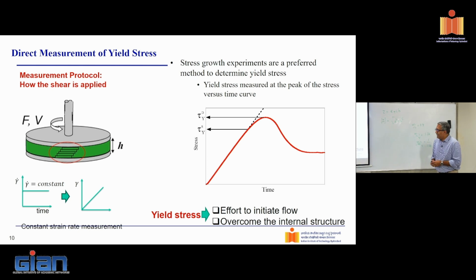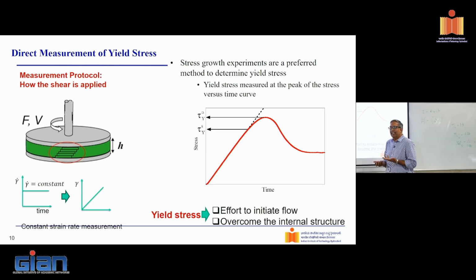Now, why does this happen? So basically what I have here, yield stress, the way we define, is the effort that would be required to initiate flow in this liquid. It will not flow. Why? And the interesting thing is, suppose you were to load it up to this point and you were to unload it, it will unload back to zero, which means that it is behaving like an elastic solid. I've sheared it, I let go, it bounces back, right?